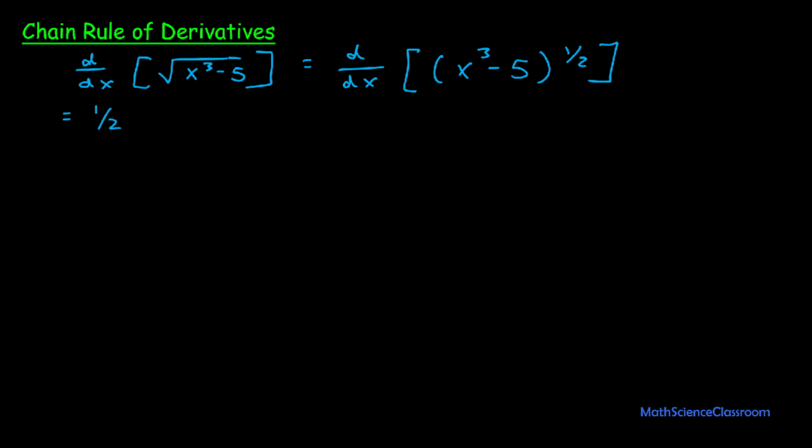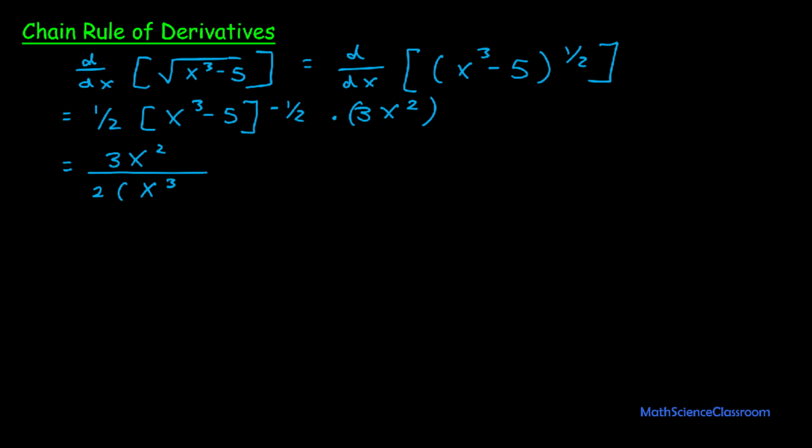Equals 1/2 times x cubed minus 5, and then we subtract 1 from the exponent 1/2, so we have the negative 1/2 power, times the derivative of the inner function, which is 3x squared, equals 3x squared over 2 times x cubed minus 5 to the 1/2 power.